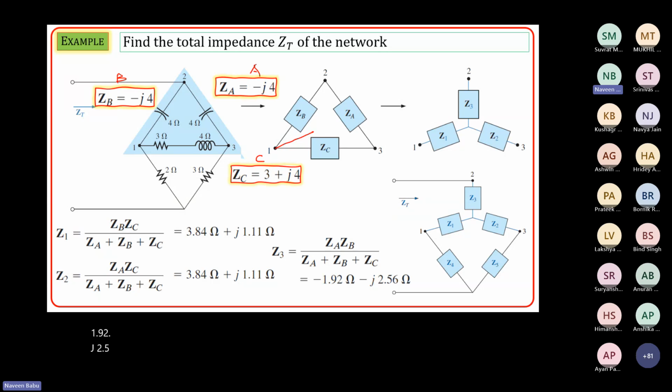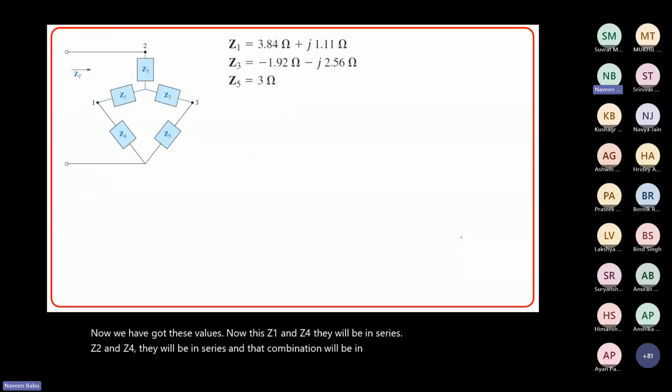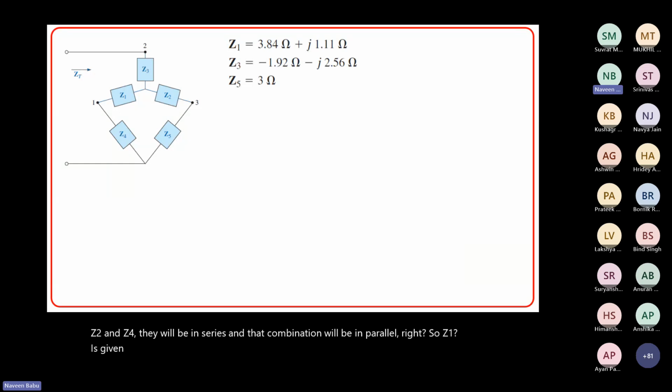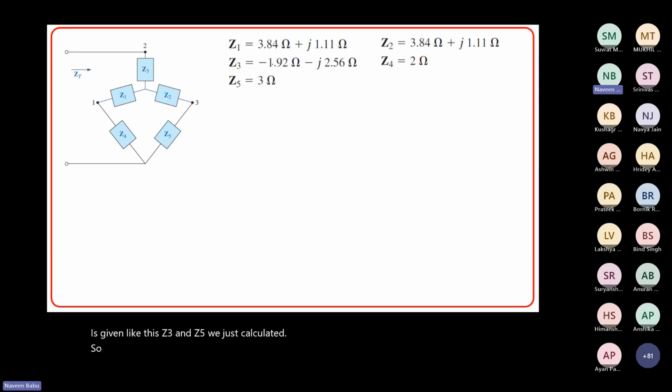Now we have got these values. Now Z1 and Z4 will be in series, Z2 and Z5 will be in series, and that combination will be in parallel, right? So Z1, Z2, Z3, Z4, Z5, these are the values.